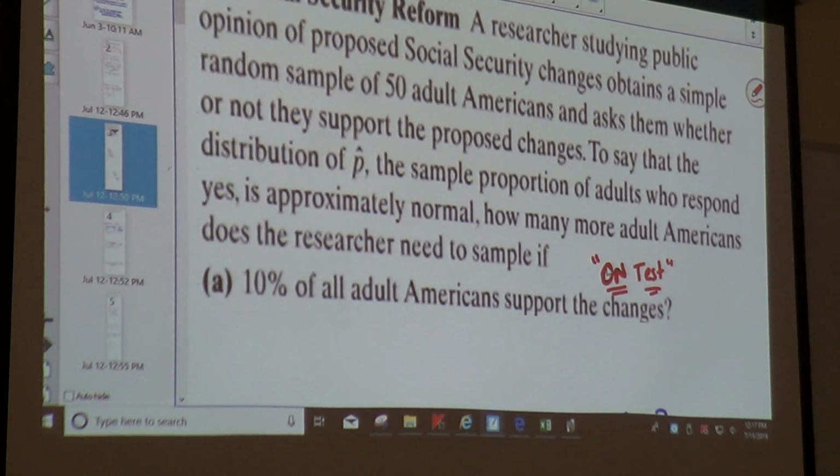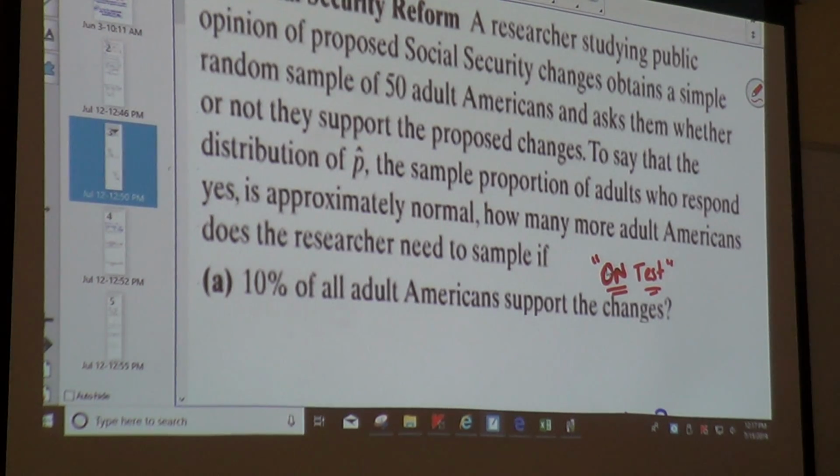To say that the distribution of p-hat, the sample proportion of adults who respond yes, is approximately normal, how many more adult Americans does the researcher need to sample if 10% of all Americans support the changes?